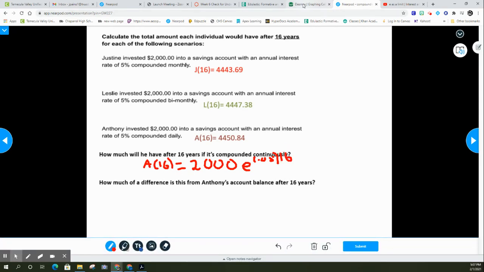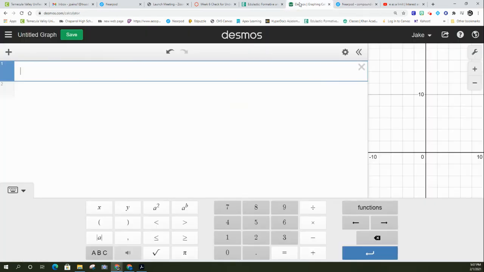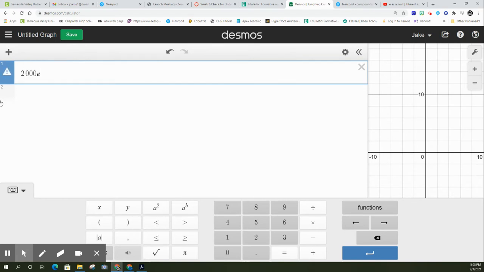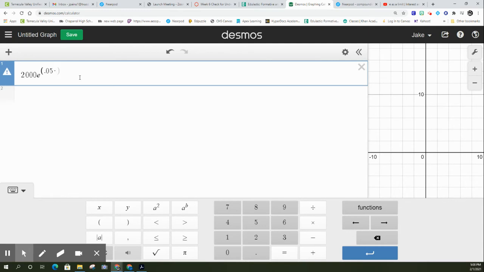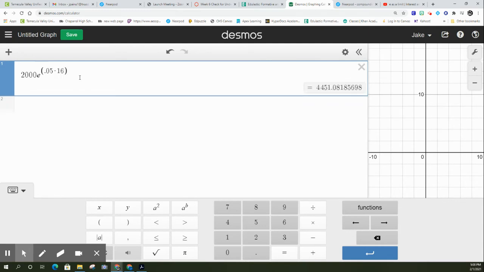Let's type that into a calculator. 2,000 E raised to 5% times 16. And so the amount is $4,451.08.